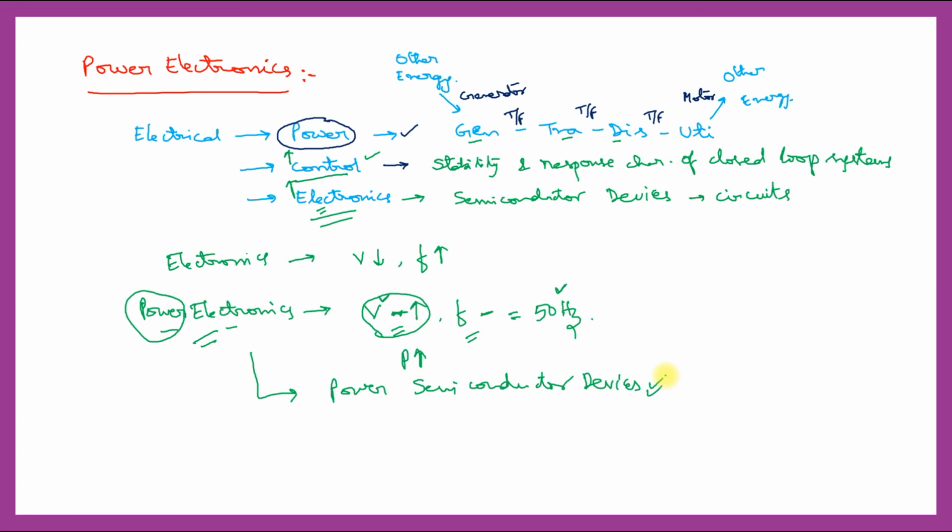This reduction in price is because of converter technologies and power semiconductor devices also. For the reduction in cost of power semiconductor devices, the materials have been changed, so that they can provide us with reduced cost.